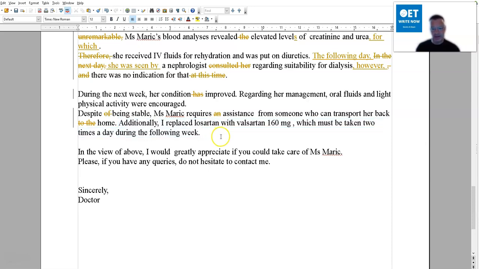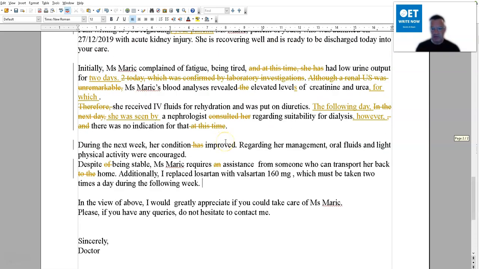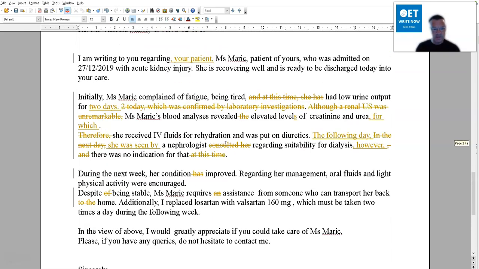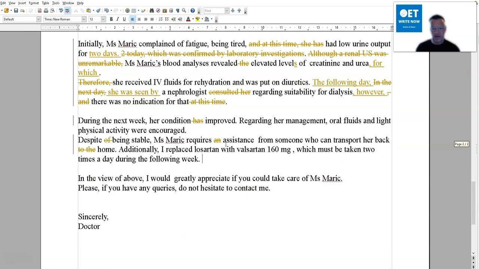Additionally, I replaced losartan with valsartan. Do you mention losartan at all previously? Well, you don't really, do you? So the reader, where does this come from? In view of the above, I very much appreciate your time, Miss Maric. Any queries, don't hesitate to contact me.